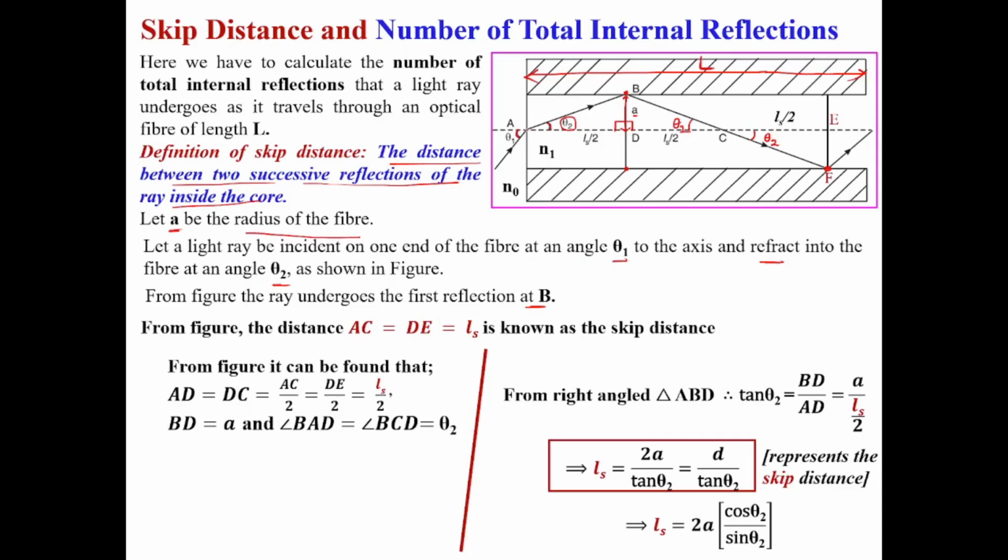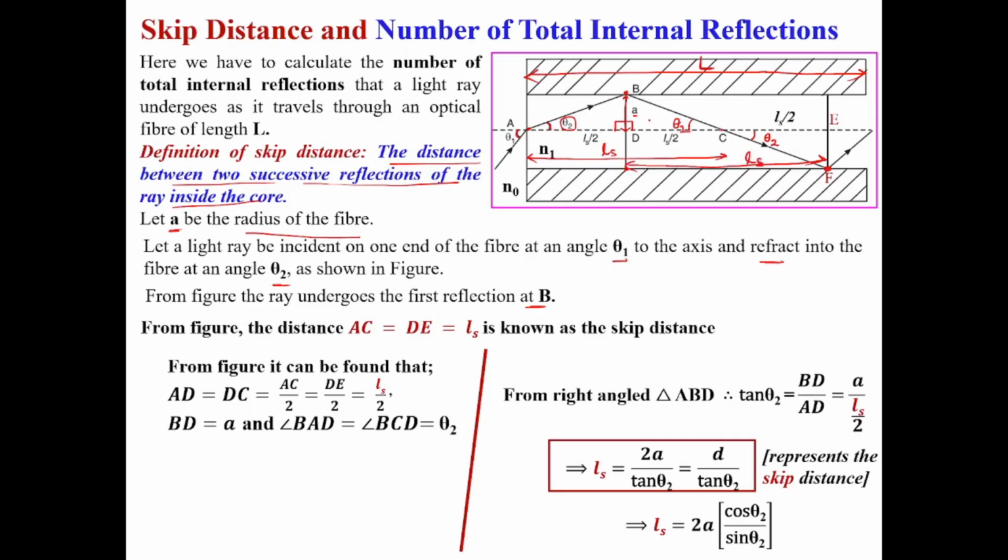See, from this point A to C, this distance is Ls, the skip distance, or you can consider this one, D to E. This distance from D to E is Ls.